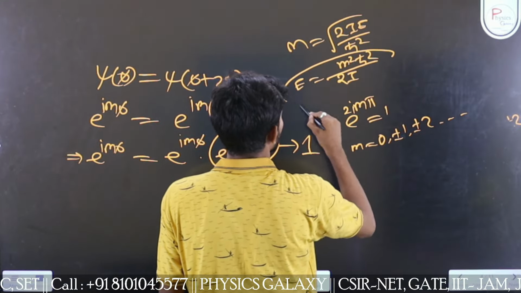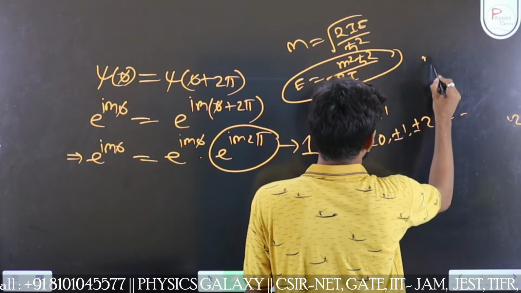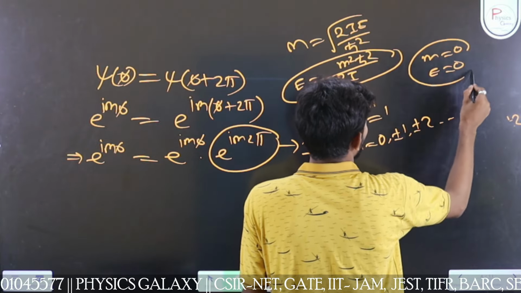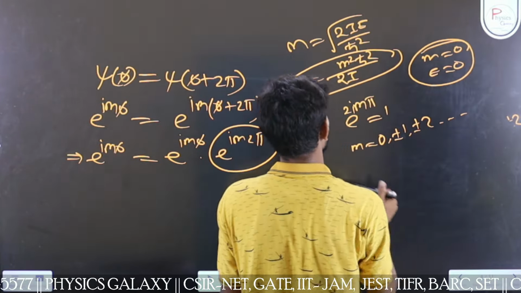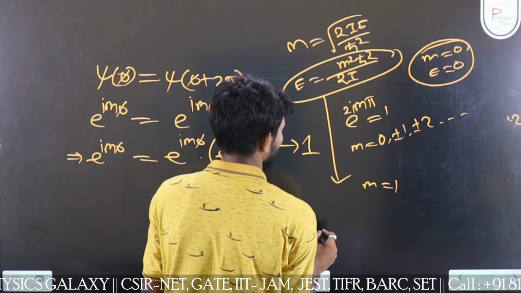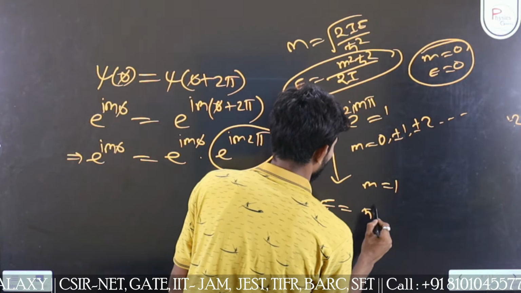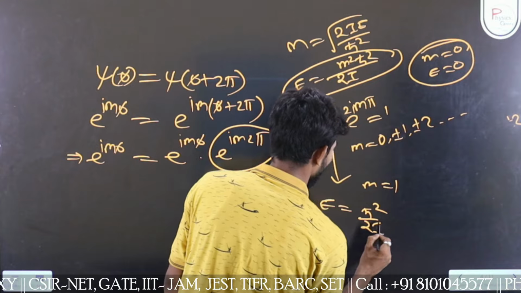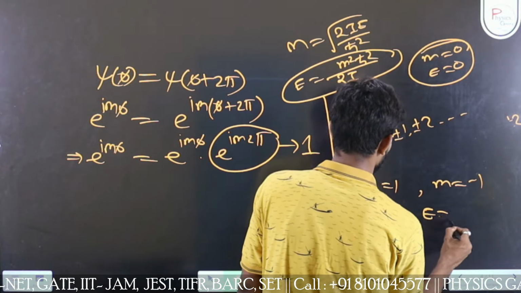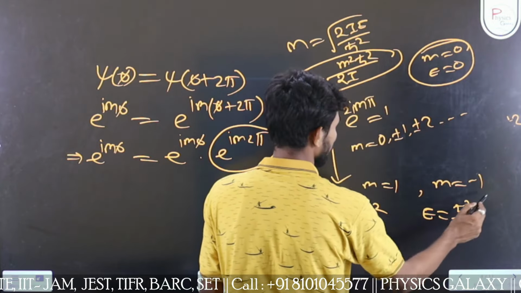This is the expression of energy. For m equal to 0, energy is 0, so for a particle in a ring the ground state energy can be 0. For m equal to 1, energy is ħ square by 2I, and for m equal to minus 1, the energy remains the same. So it is twofold degenerate.